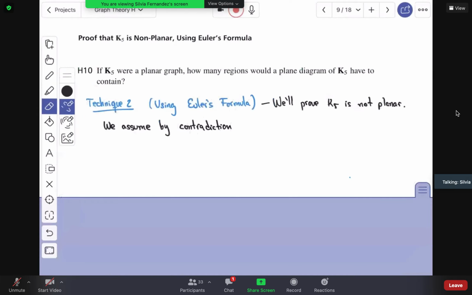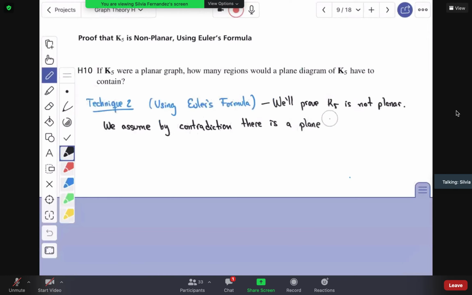Let's say there is a plane drawing. Assume by contradiction that there is a plane drawing of K5. In that plane drawing, Euler's formula applies, right?